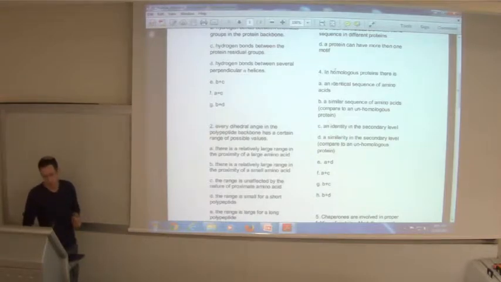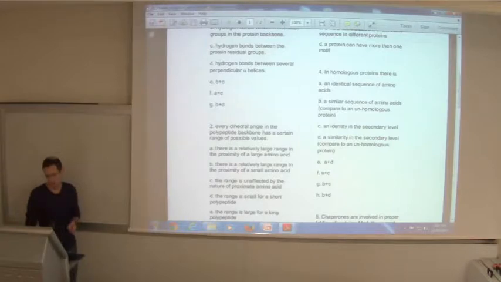Okay, number 4. In homologous proteins, there is... Homologous here in the evolutionary sense. We've discussed it quite briefly, only one slide, but it's the same concept as the consensus sequence.